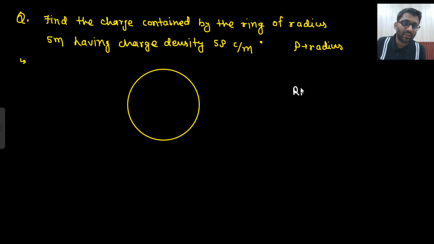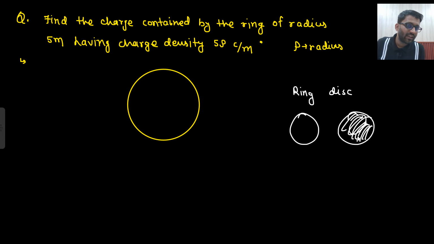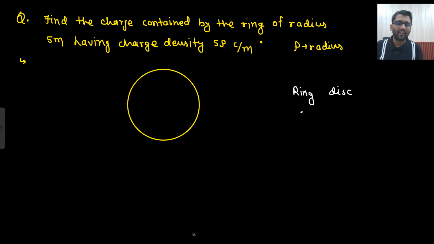What is the difference between ring and disc? This is your ring, but this is your disc. A disc will enclose some area, but this will not enclose any area. This is your closed line, and this is your open surface. Are you getting this point? Ring and disc.